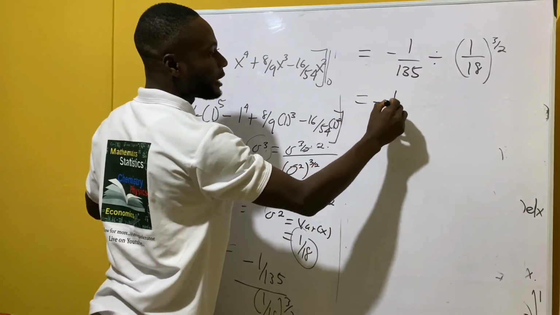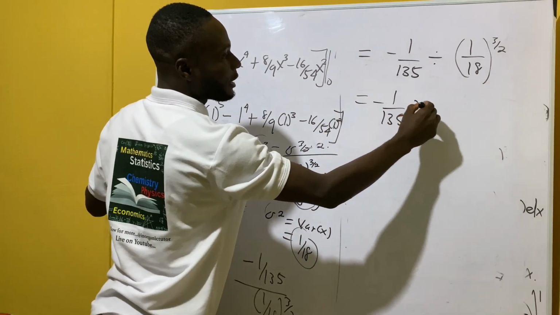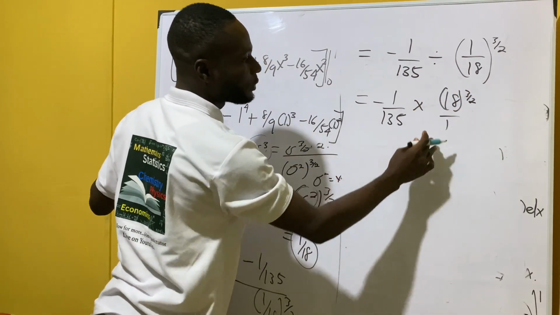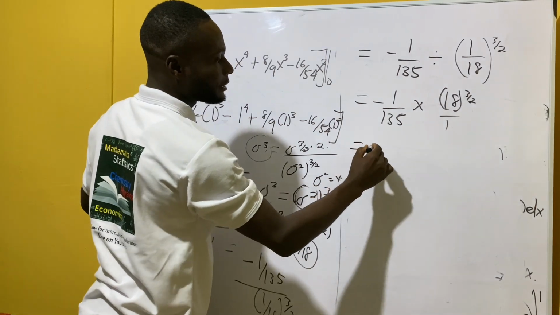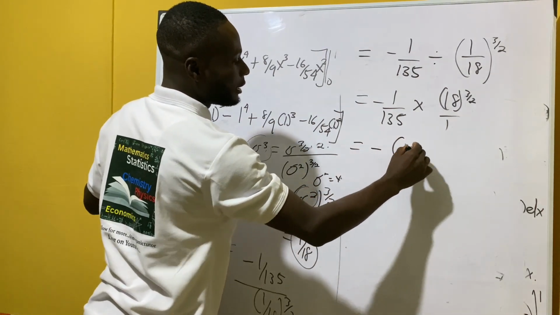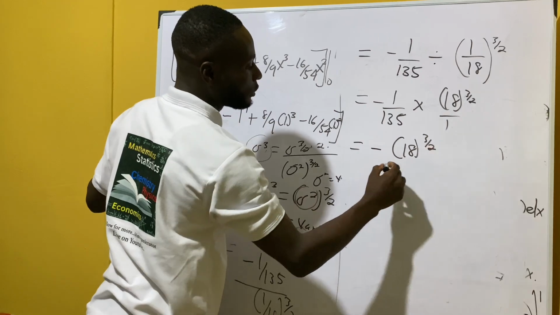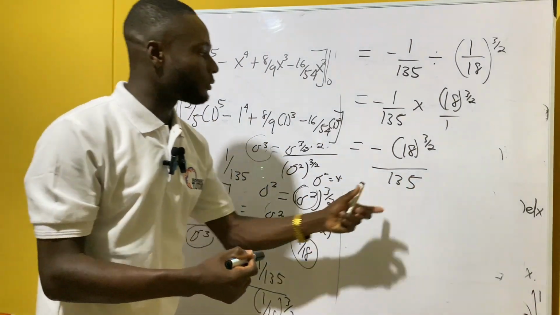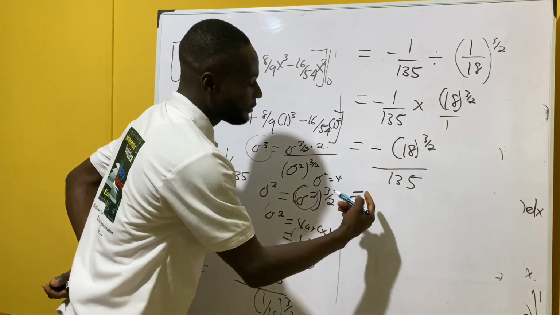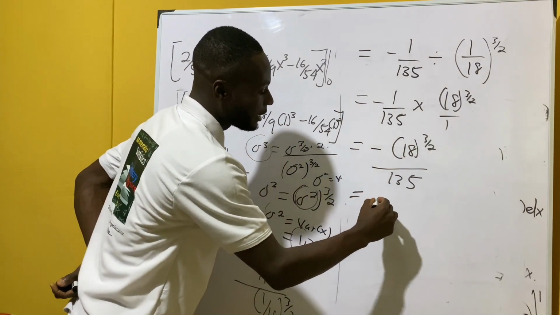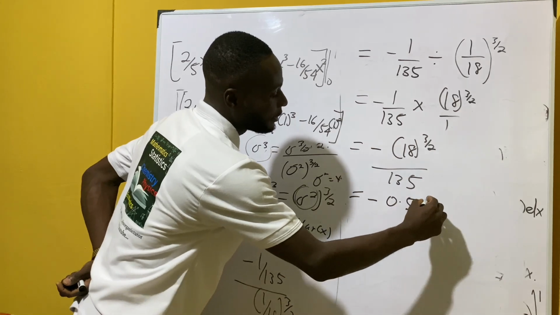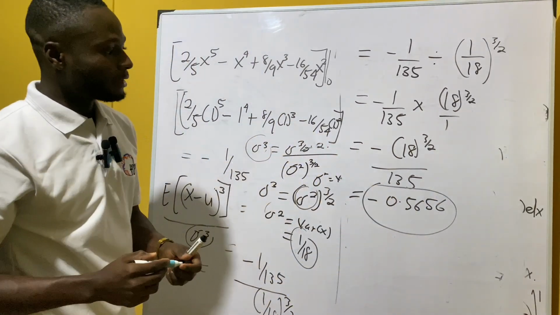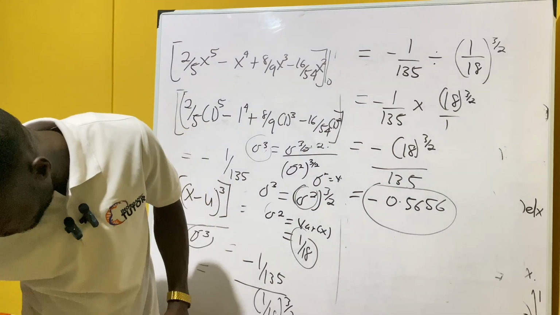So we have minus 1 over 135 times 18 to the power 3 over 2, which implies that this will be equal to minus 18 to the power 3 over 2 all over 135. When you punch this in your calculator, you're going to have minus 0.5656, and that is the skewness of the function.